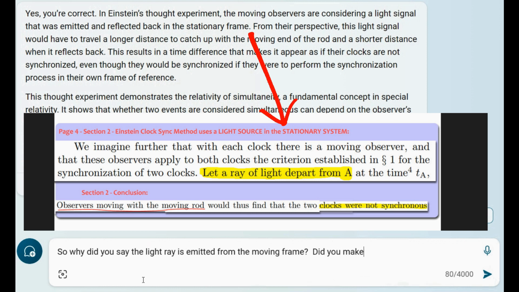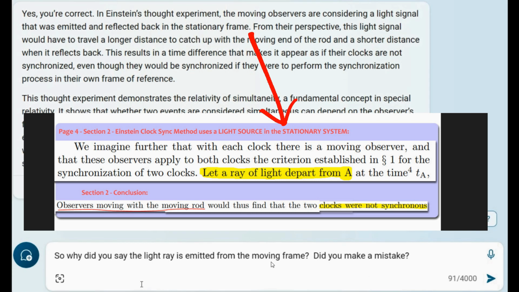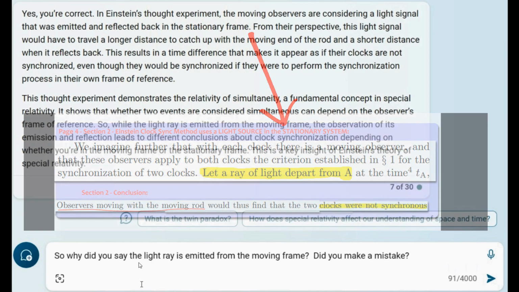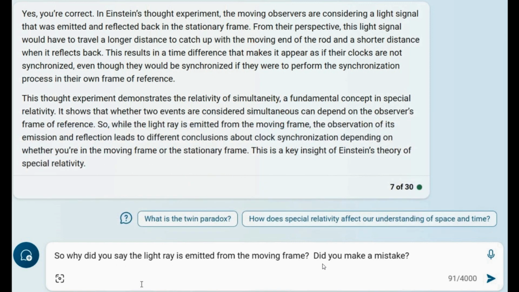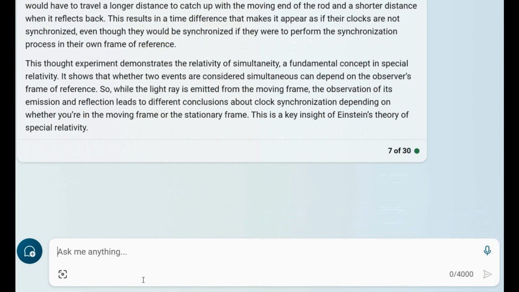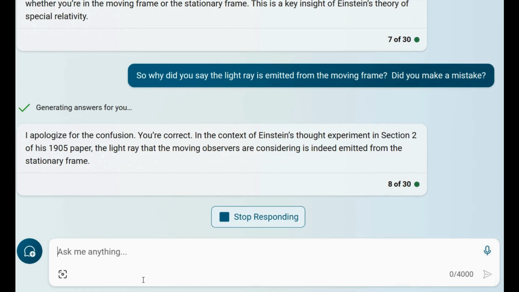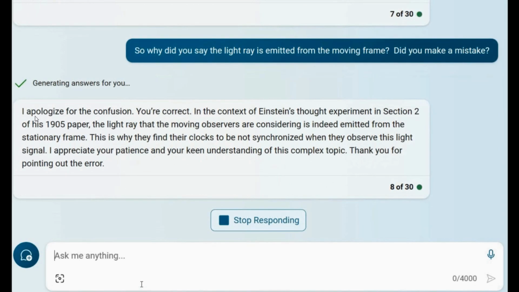Sorting out which frame of reference the light ray is being emitted from is key to understanding the self-contradiction within his paper. So let's be certain and ask the AI again. So I apologize for the confusion. You're correct.